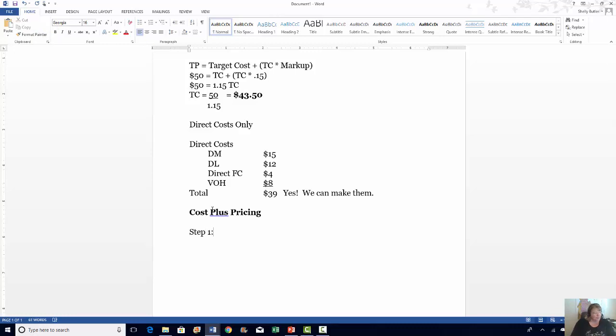Step 1. We need to estimate the number of units we will sell. So we have units, and this is just the chart from, I'll leave a little room.